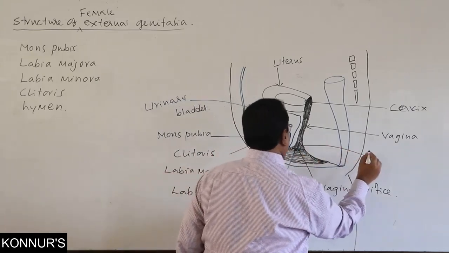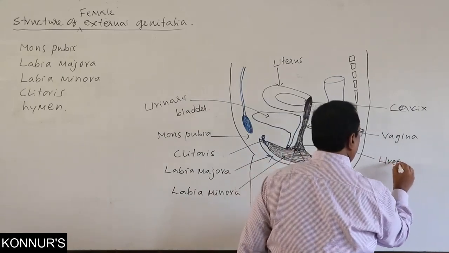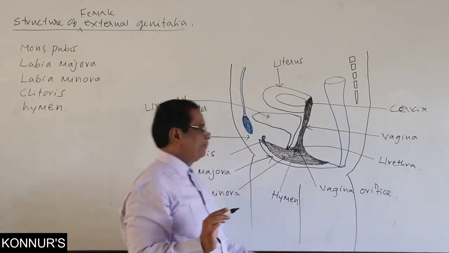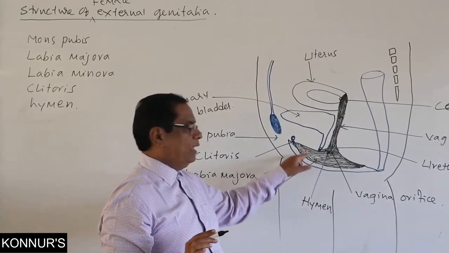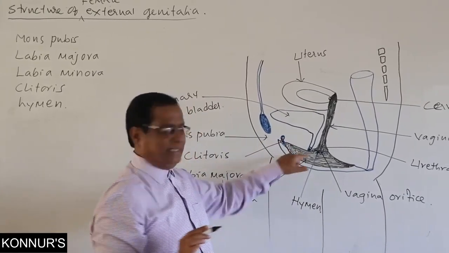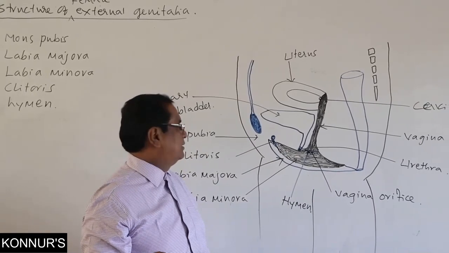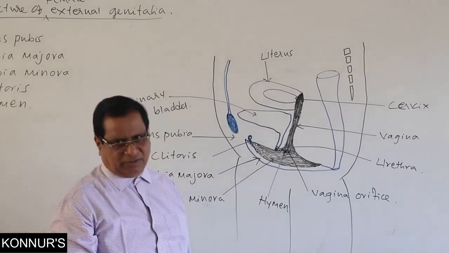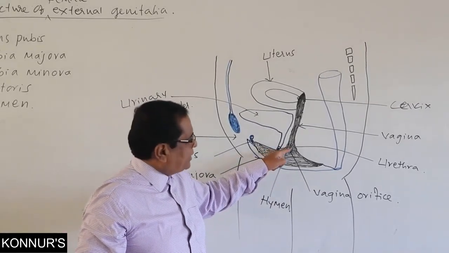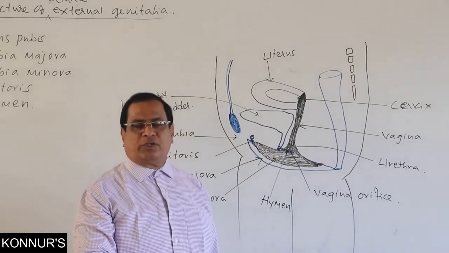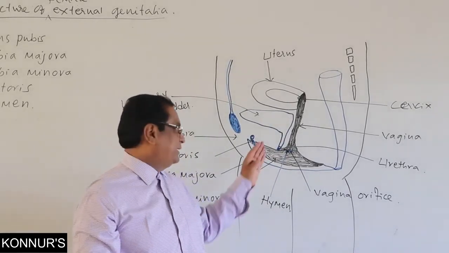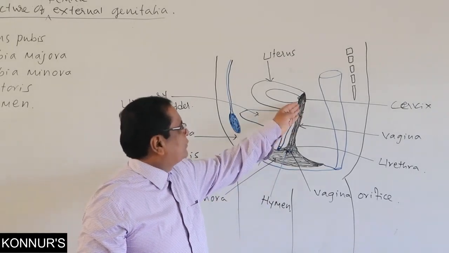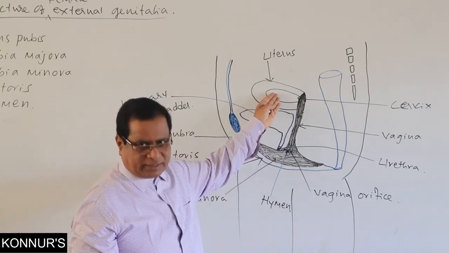This opening is named as urethra, and this urethra opens into the labia minora in front of the clitoris. It is meant for urination, micturition. And the vagina is meant for the introduction of the male genital organ, penis, at the time of sexual intercourse to introduce semen into the uterus.